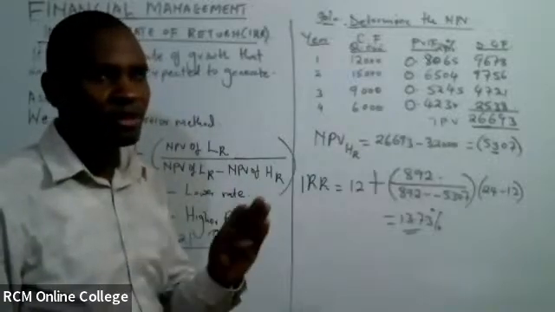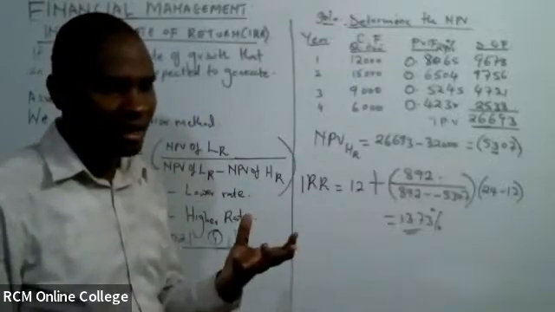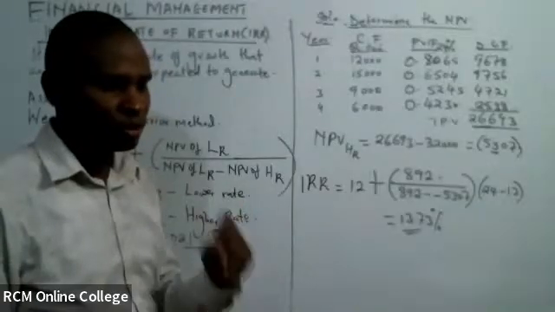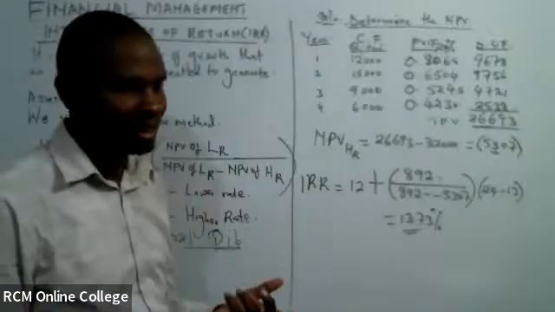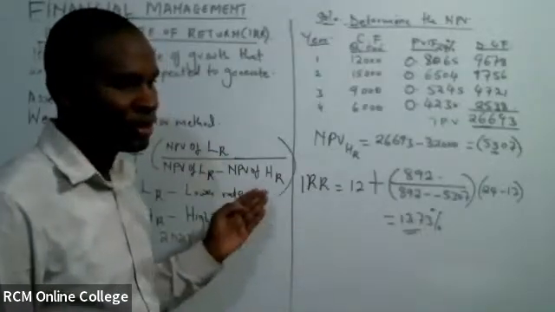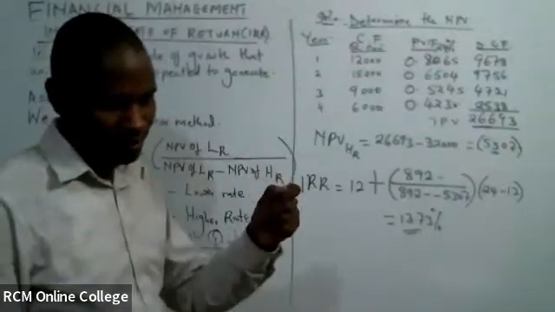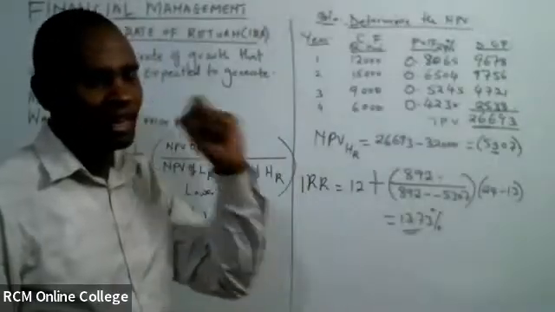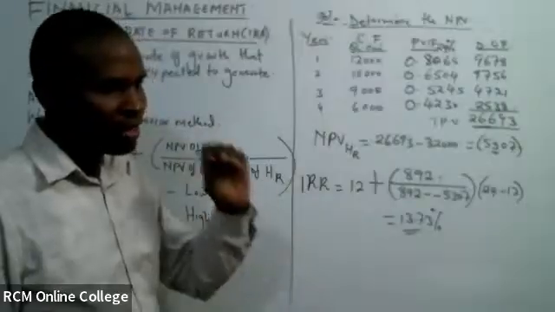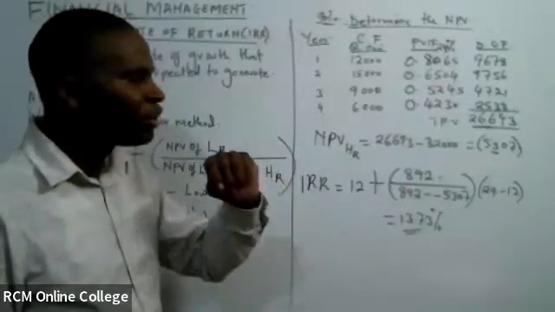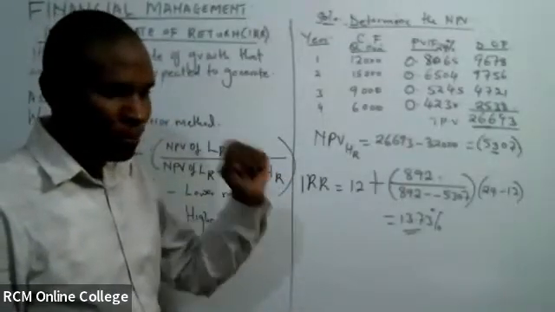That positive NPV tells us that the IRR is greater than the cost of capital. And since we don't want that, we recalculate using a higher rate in order to get a negative NPV or zero. And that's where we say that we use the trial and error method.